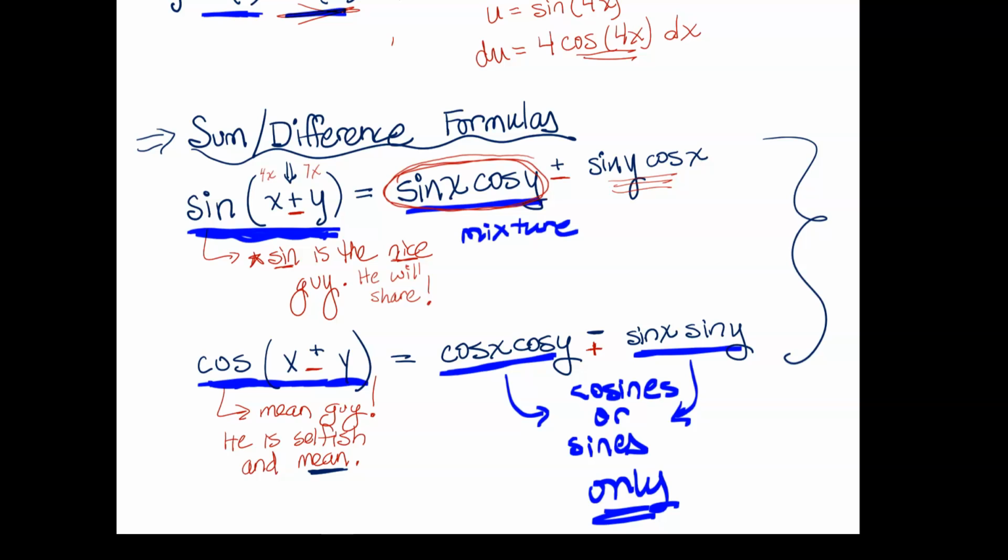You just have to know how to create the rest of them, what to look for. So this way I just showed you is how to create the product to sum formulas.